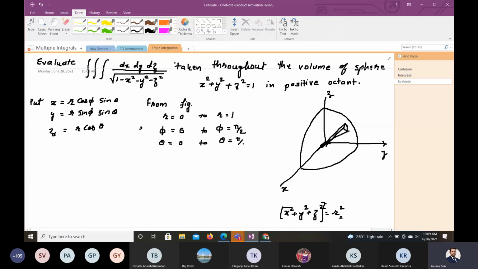One more thing we need to replace. When I'm changing the coordinates, I mean x, y, z, after substituting these things, I will have r, theta, and phi. So dx, dy, dz is replaced by what I said in the previous lecture while we dealt with polar.